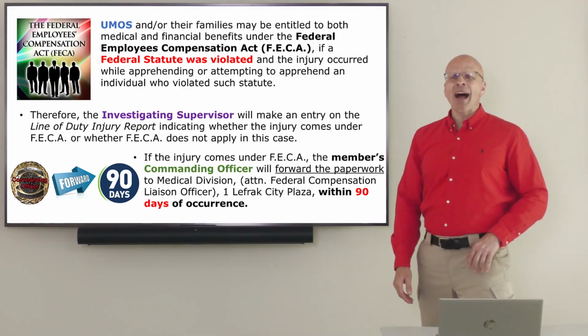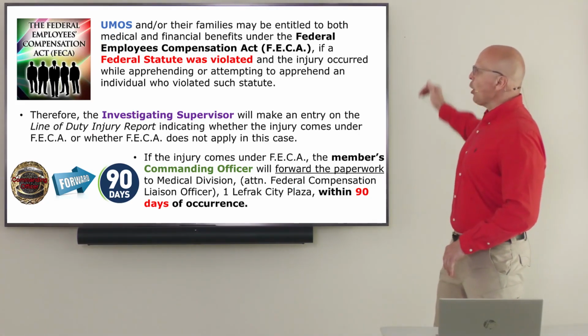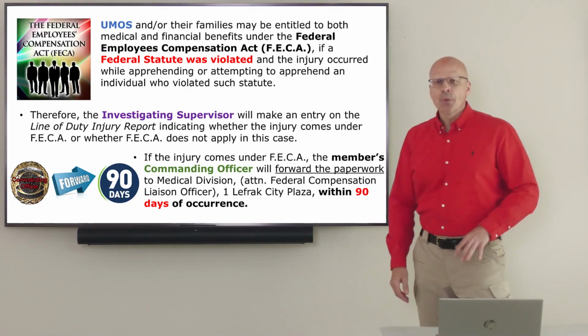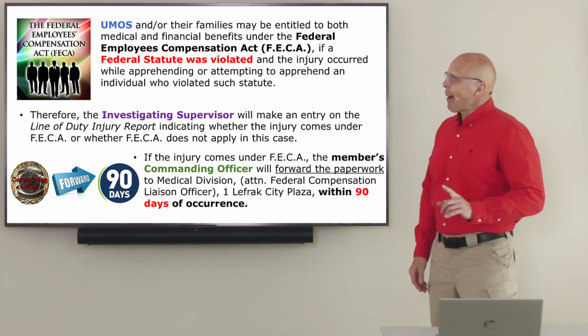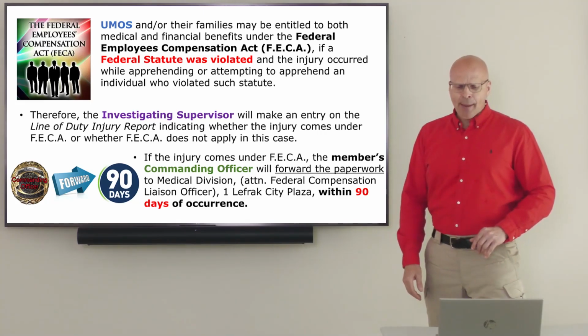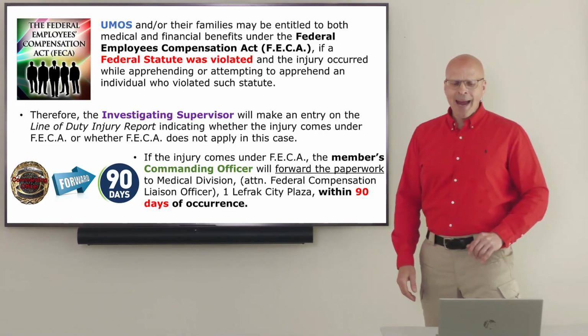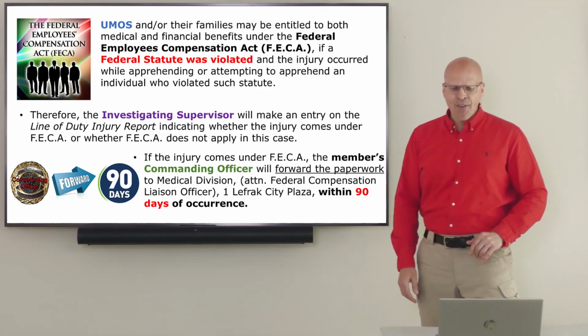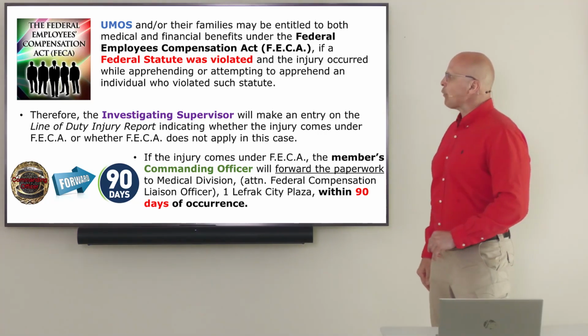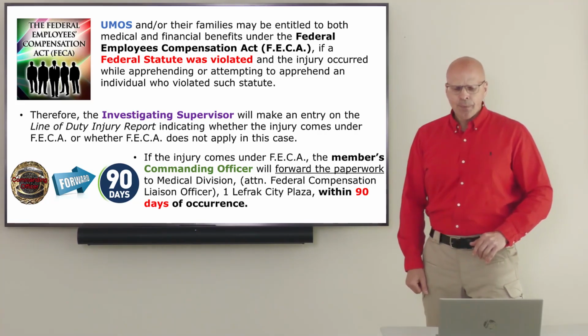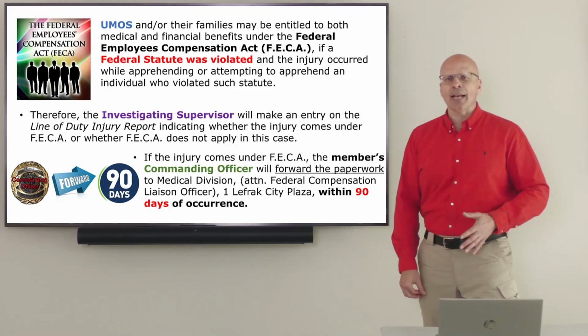And then we got to talk about FECA, this Federal Employees Compensation Act. Uniformed members of service and or their families may be entitled to both medical and financial benefits under the Federal Employees Compensation Act, FECA, if a federal statute was violated and the injury occurred while apprehending or attempting to apprehend an individual who violates that statute.